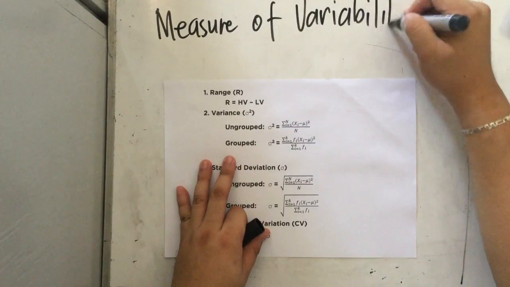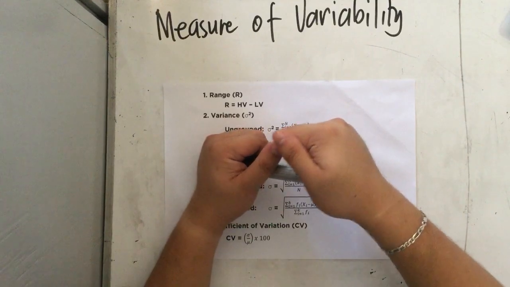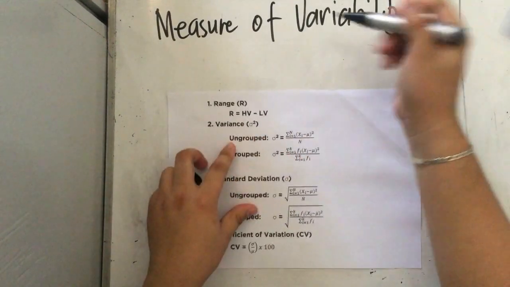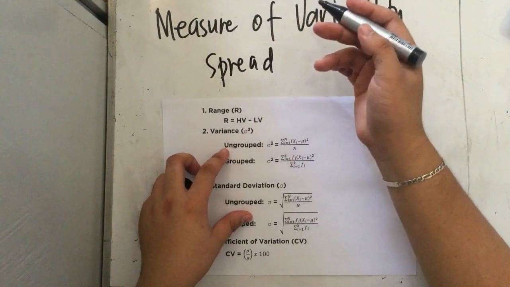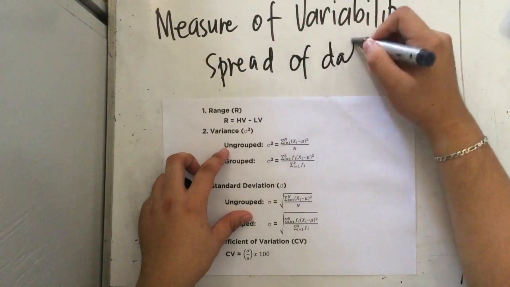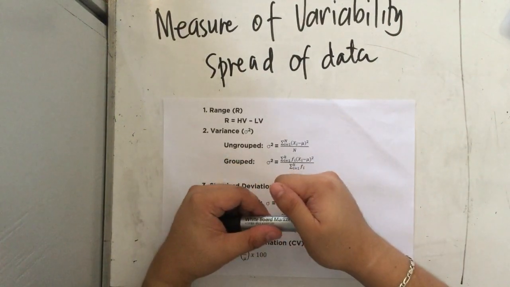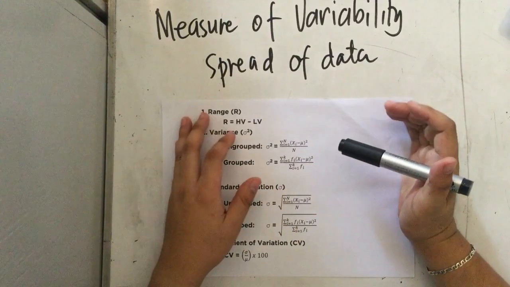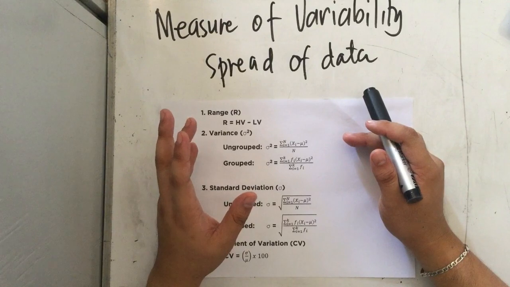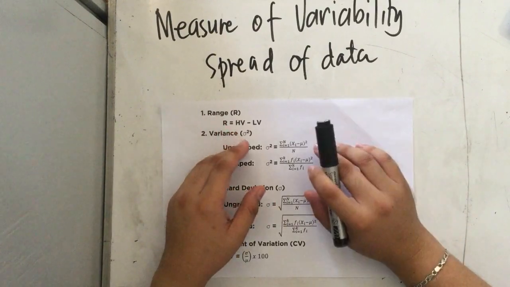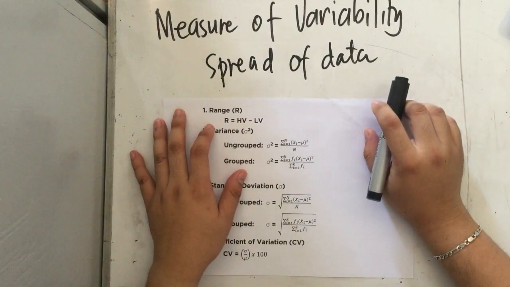The measure of variability is very important in descriptive statistics because by measuring the variability, we are also acknowledging or identifying the spread of our data. In this measure of variability, we also see the distribution of the data, if it is normal or may distribution na mas malayo sa mean natin, or yung spread ng data na tinatawag natin. So that is the measure of variability.